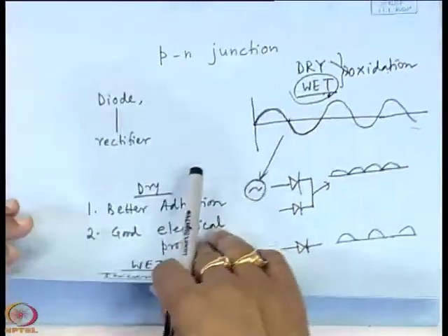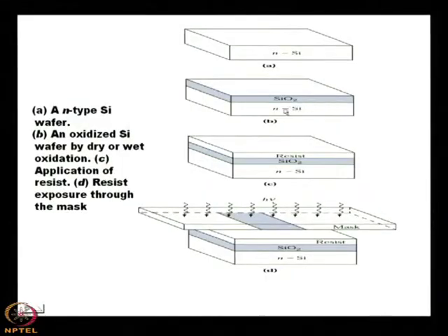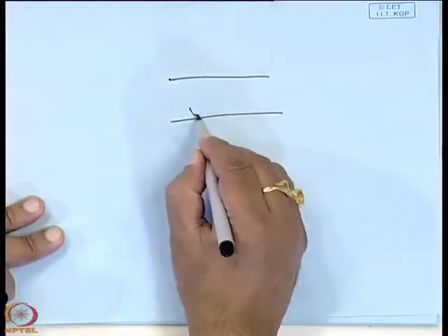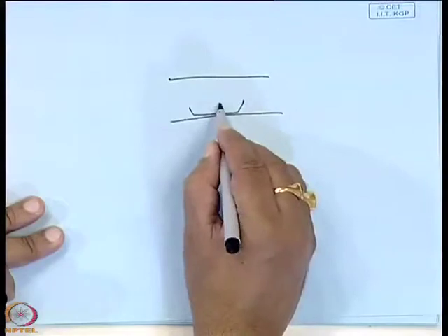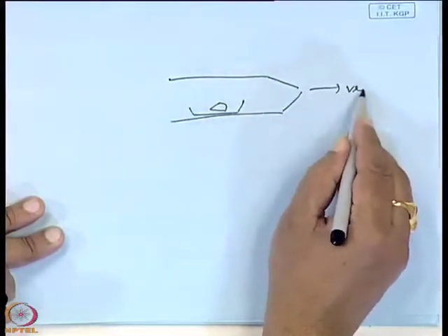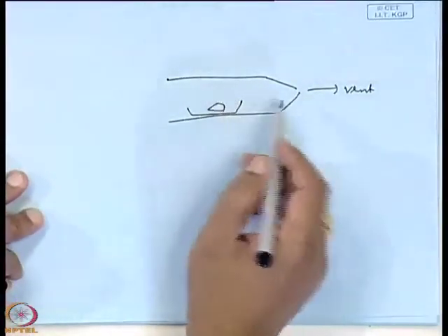Okay. So, the first step is to make the SiO2 layer on the n silicon. Say we have started with an n type silicon. Then oxidation is done using a furnace. This is a furnace, this is a quartz boat on which the silicon is placed. Then this is the vent through which the byproducts will leave the furnace.